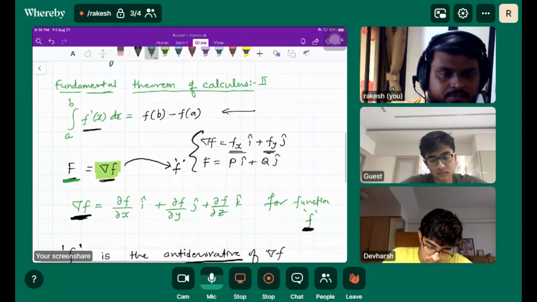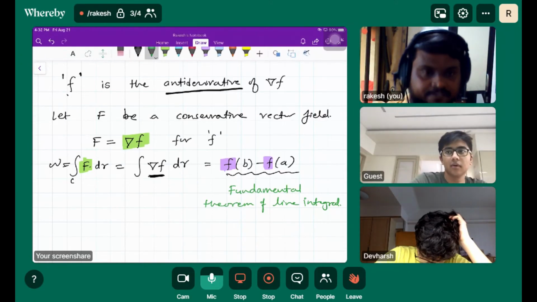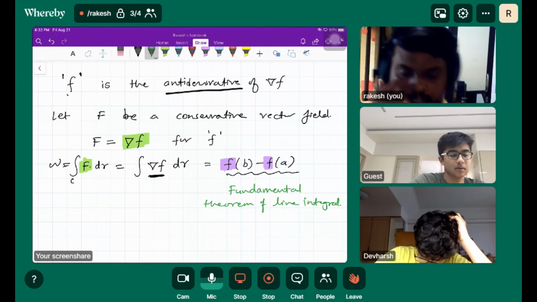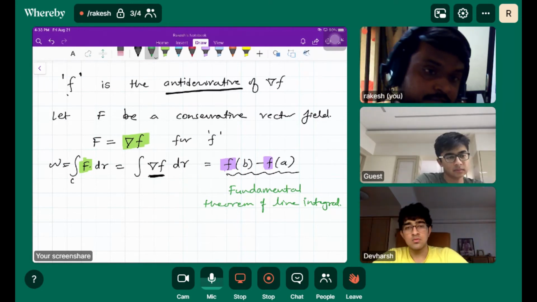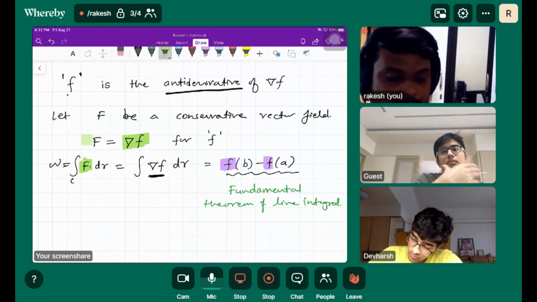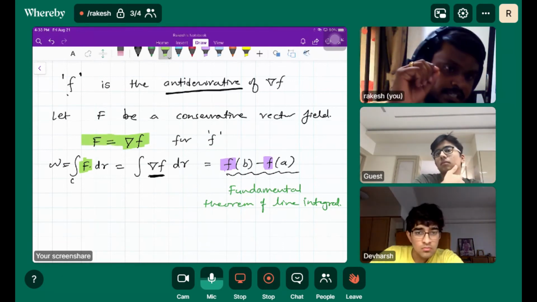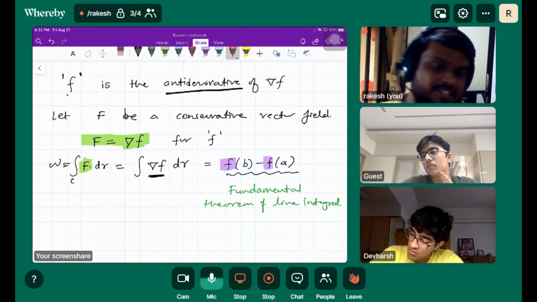Now we're trying to find f. Our job is to find out the potential function f. See, this works only if we have a conservative vector field. If we have a conservative vector field, then only we can make this relation, isn't it?